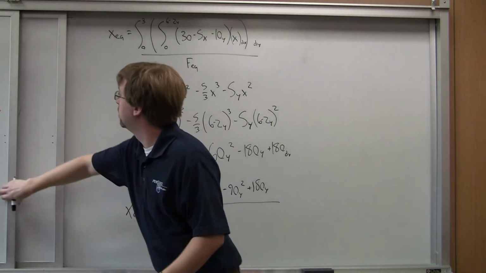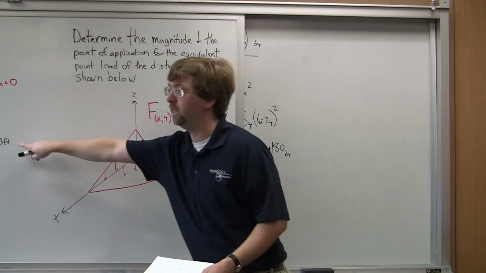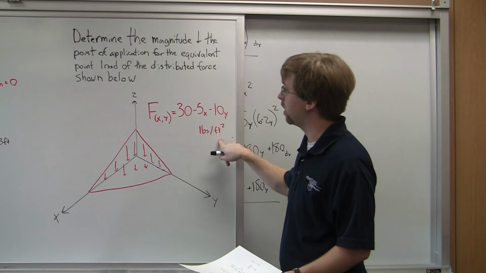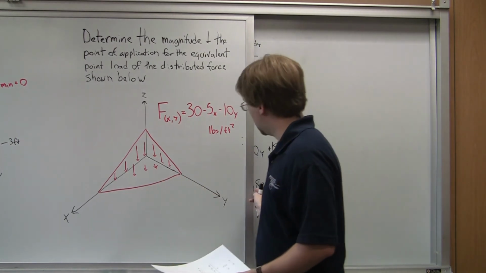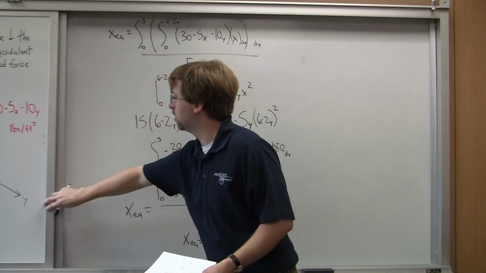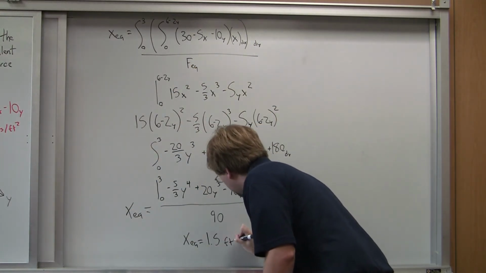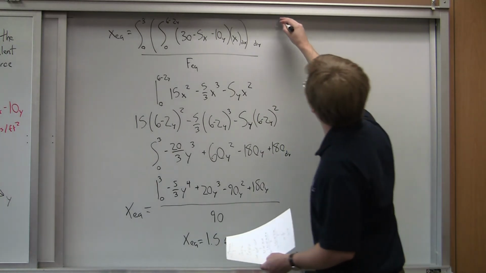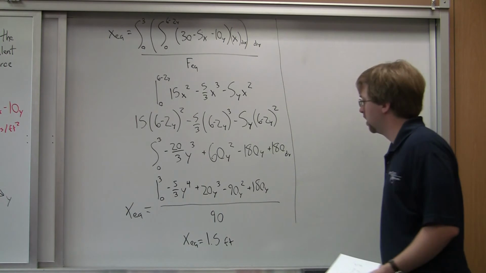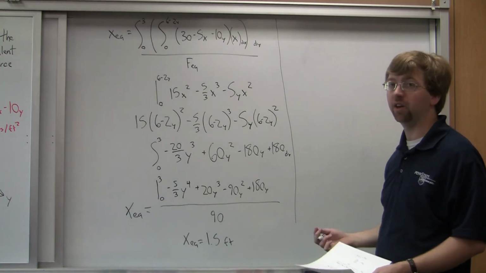Since our original units were all feet, feet squared and feet for the dimensions, our units here are going to be in feet. Alright, so that is the XEQ. We can do something similar for YEQ.